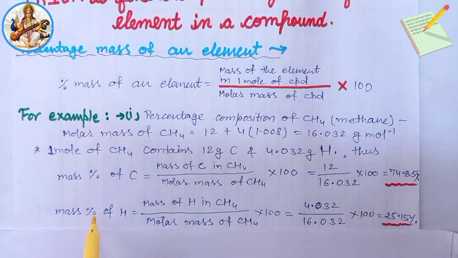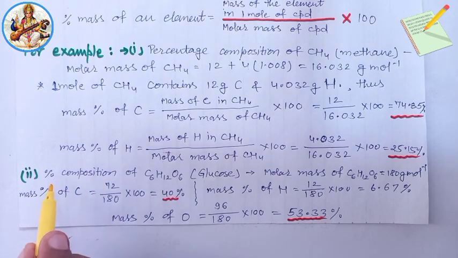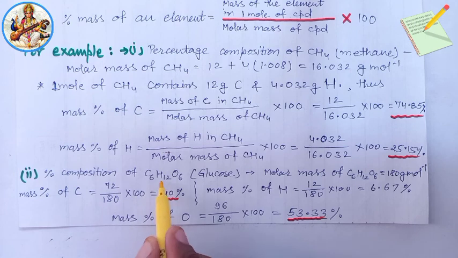Similarly, mass percentage of hydrogen is equal to mass of hydrogen in 1 mole of methane into 100 divided by molar mass of methane, which is 4.032 into 100 divided by 16.032. The resultant value of mass percentage of hydrogen is 25.15%.